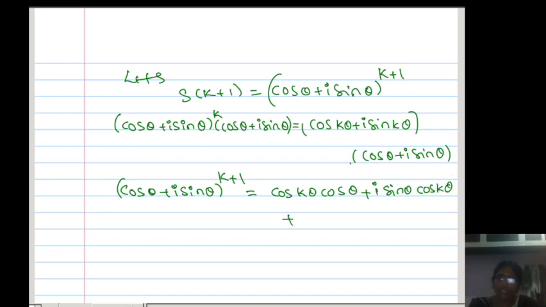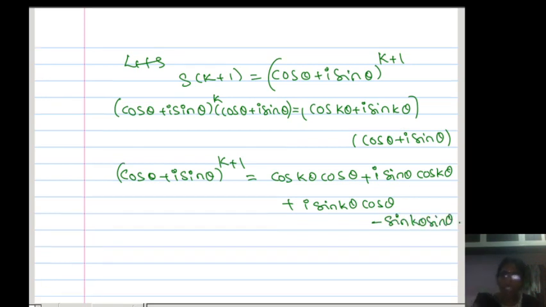Next plus i sin k theta cos theta. Next i sin k theta times i sin theta, multiplying these two, i into i is i squared, which is minus 1, so I can write minus sin k theta sin theta.